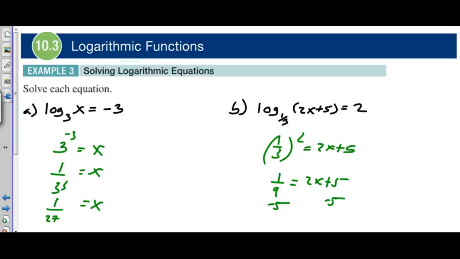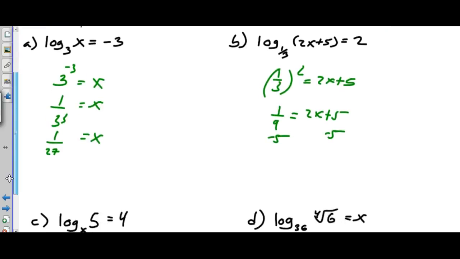So here we get 2x. If you want to do 1/9 minus 5, we need a common denominator of 9. So it's going to be 1 minus 45 over 9 is equal to 2x.